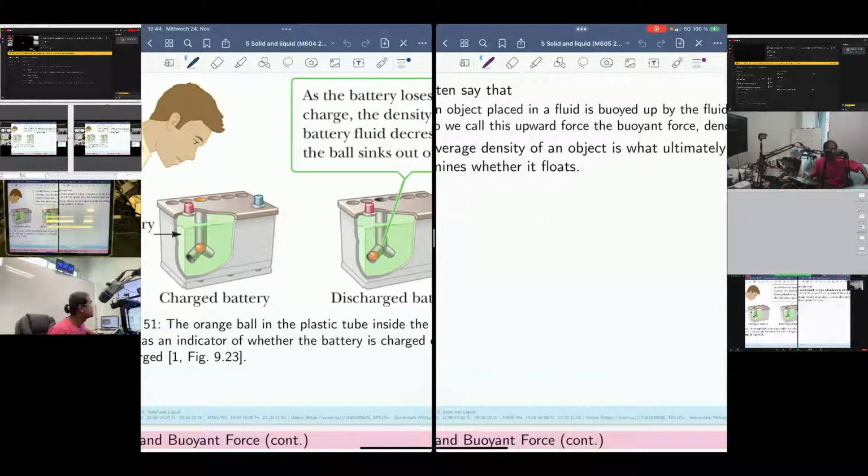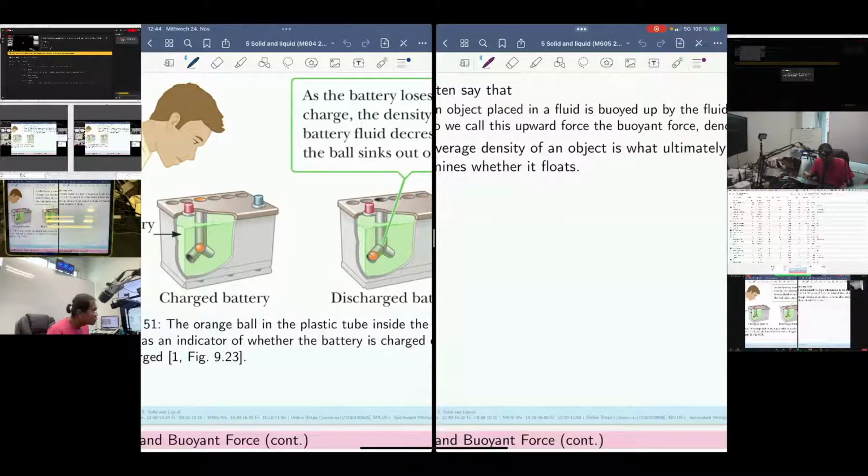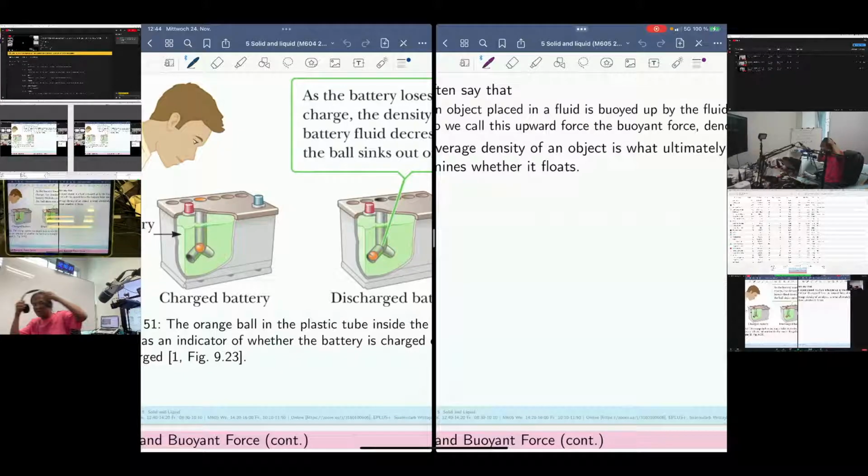Take a look here, right? And exit stream. Okay.